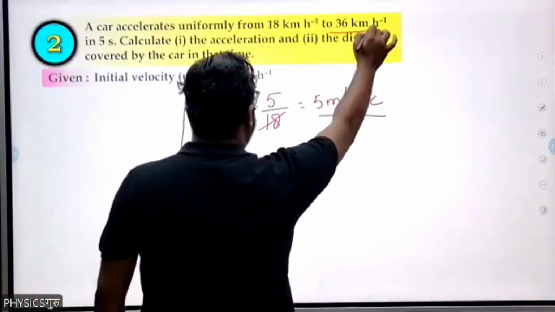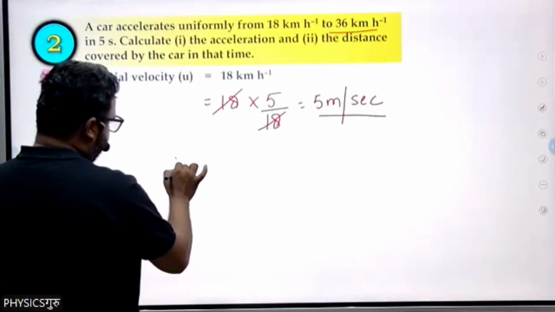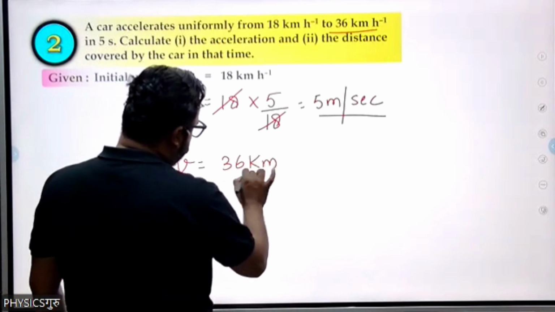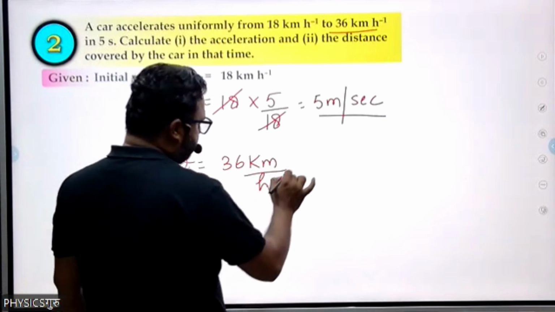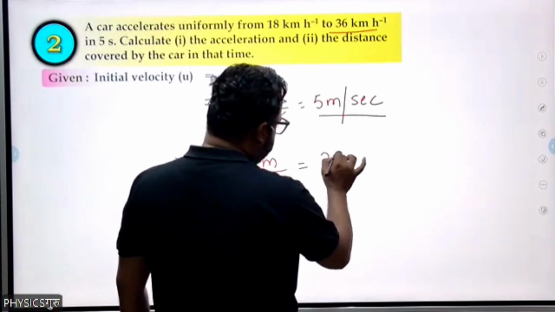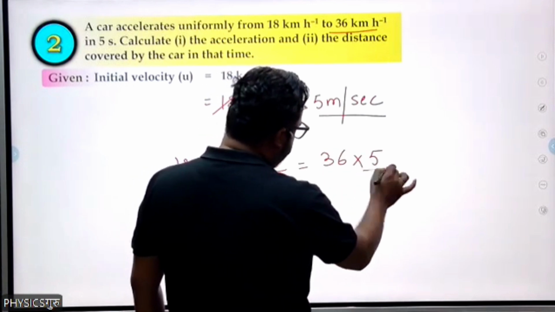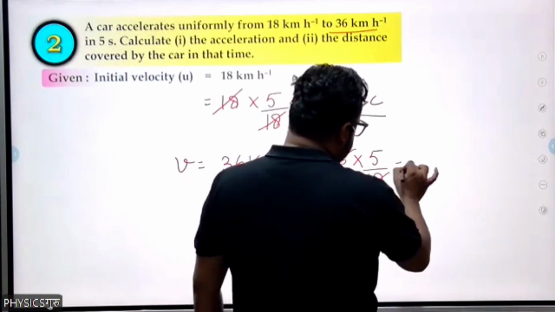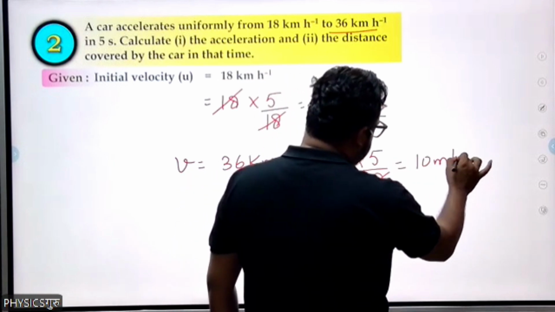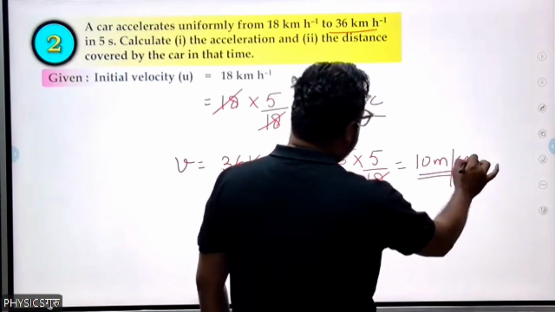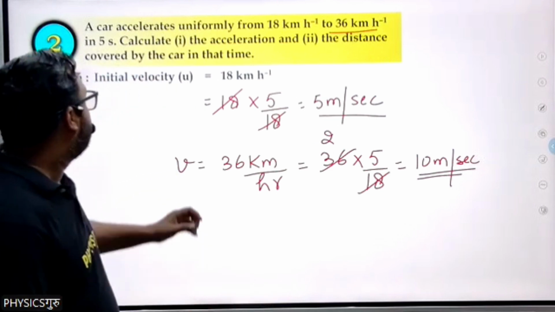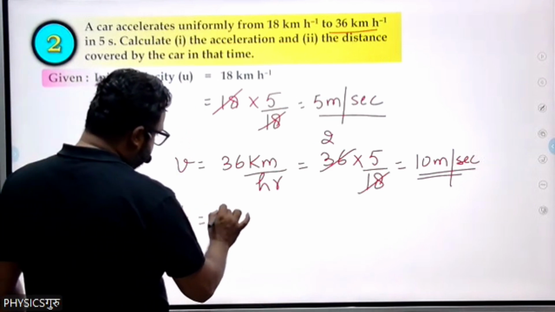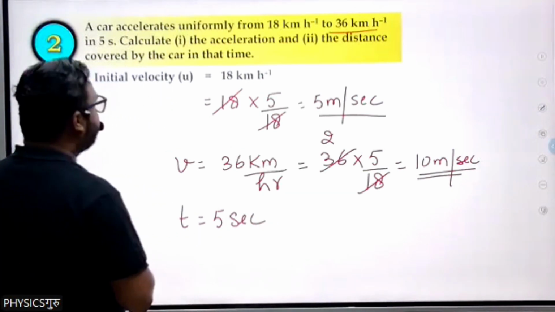Final velocity is 36 kilometers per hour; 36 into 5 over 18 is 10 meter per second. Time is given as 5 seconds.